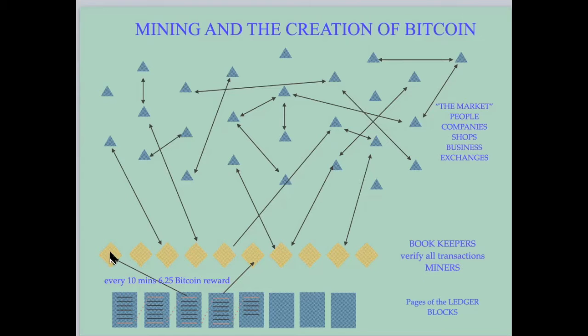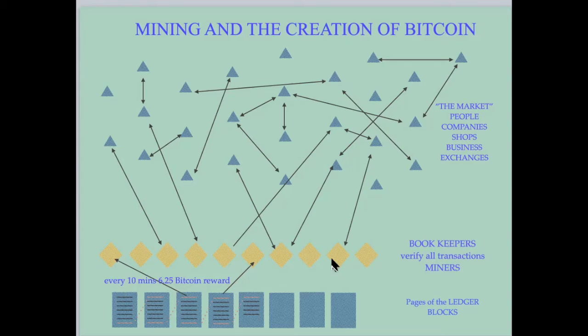So every 10 minutes, all these computers, which are verifying the transactions, also work on a problem that presents itself in this block of data. The problem's a cryptographic problem, which is put about for the security of the network in general. It has to be solved. So all these guys with all their computers work extremely hard, spending lots of money on power and rent and security and whatnot to solve this problem.